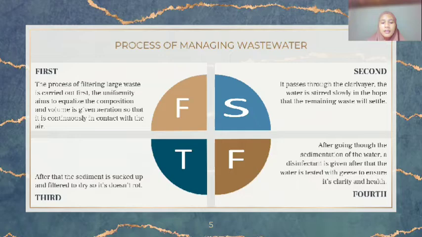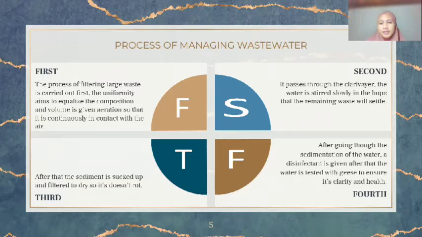Microbes eat nutrients that are dangerous in water. Nutrients can also kill microbes if they are too concentrated. If this happens, chemicals must be added first before the microbes are given.